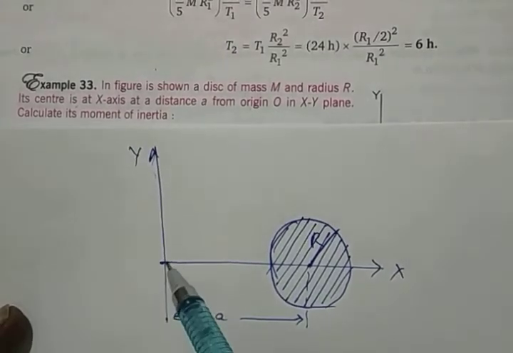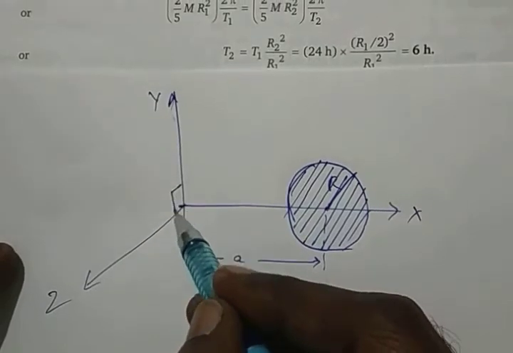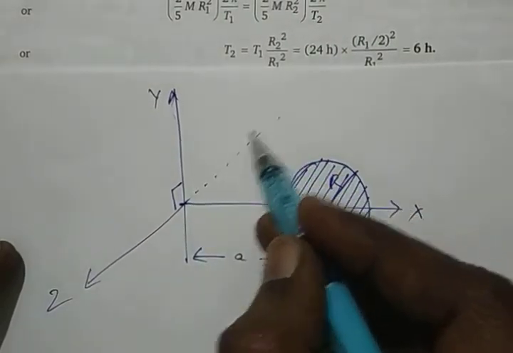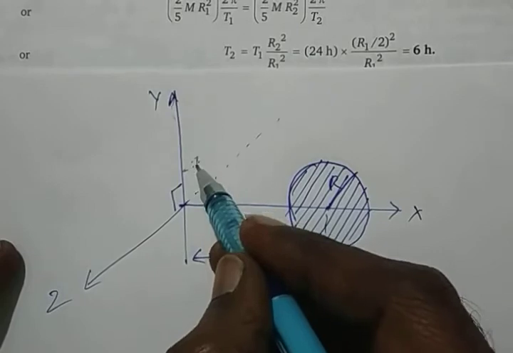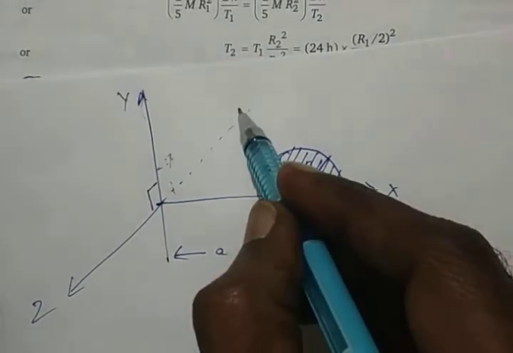And what is the z-axis here? The z-axis will be here, perpendicular to the plane. That is the z-axis.